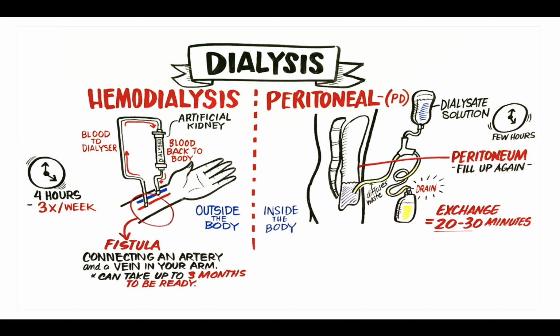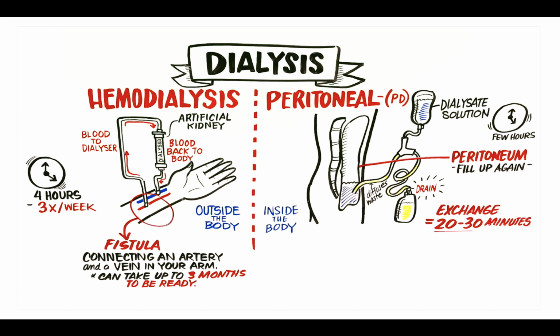So they actually hook up an artery and kind of pump it out of the machine and then back into the vein. And that thing is a fistula. So these patients are going to be doing this multiple times a week for a few hours at a time.